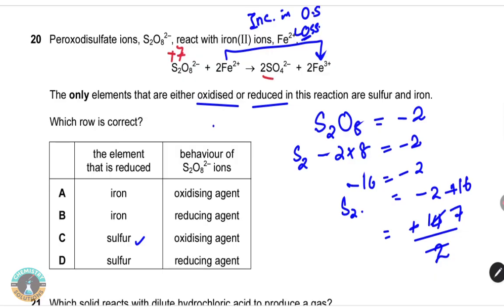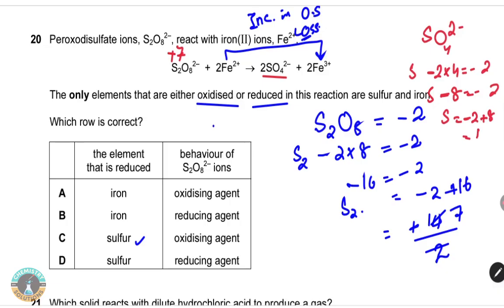Now come towards SO4 2-. -2 times 4 is -8, equal to -2 in total. S is equal to -2 plus 8. The answer will be +6.